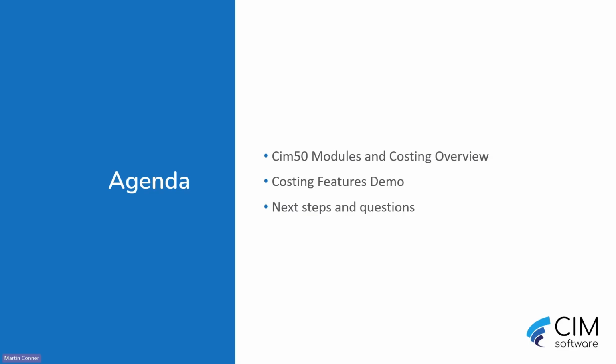Talk about the overview and what we're looking to achieve, what the costing within Cim50 is capable of, and the benefits that brings. Then we'll look at a demo of some of those features across those two modules, and then talk about next steps and whether anybody who's running live has any questions.